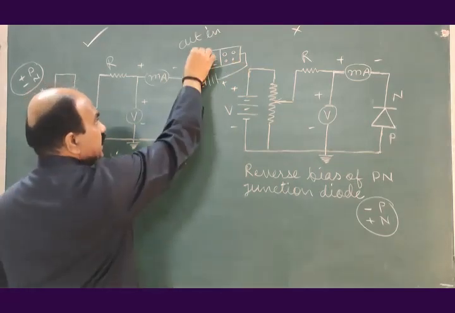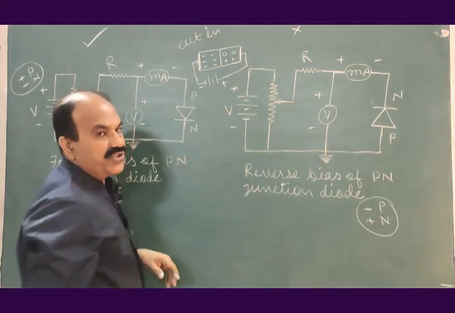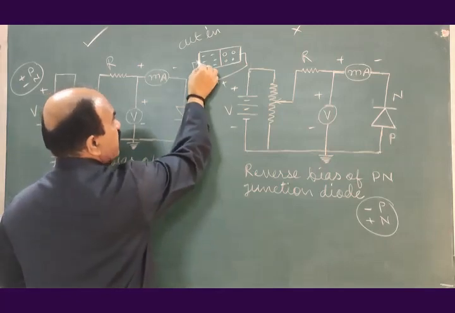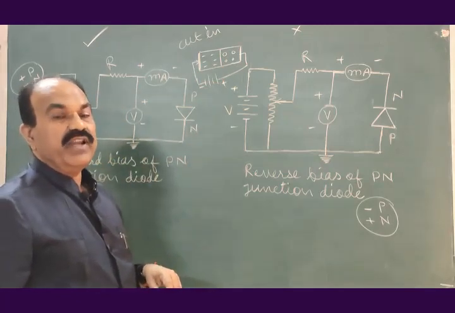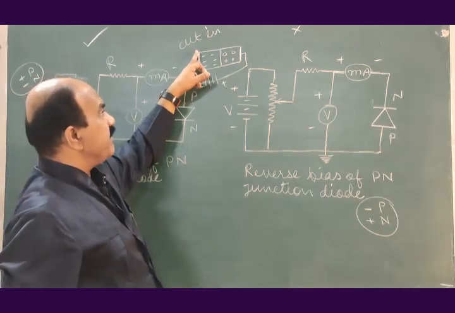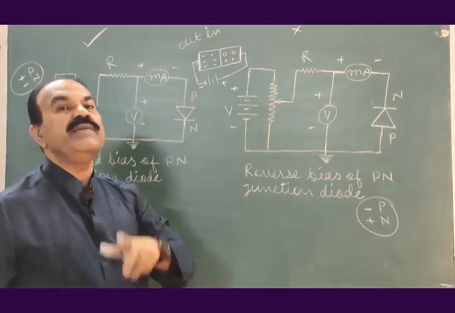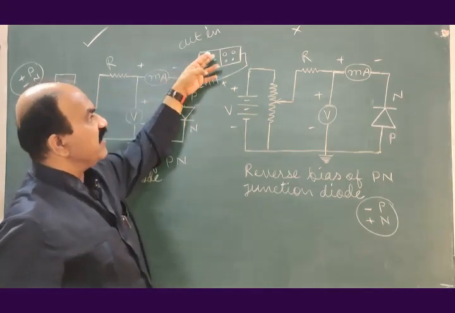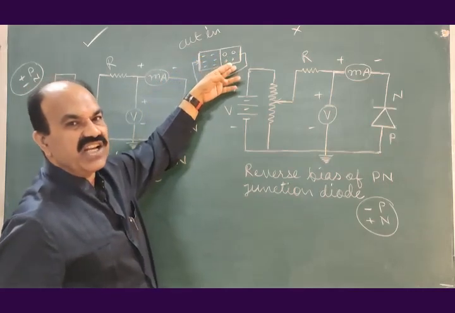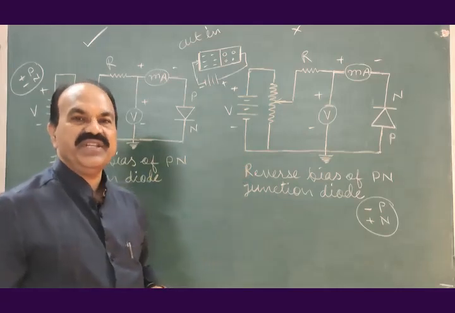So this side will become negative, this side will become positive, and this negative side repels the electrons. When the force of repulsion exerted by this negative side on the electrons is more than the barrier potential or barrier hill, the electrons will cross the depletion region, cross the junction and enter into the P region.